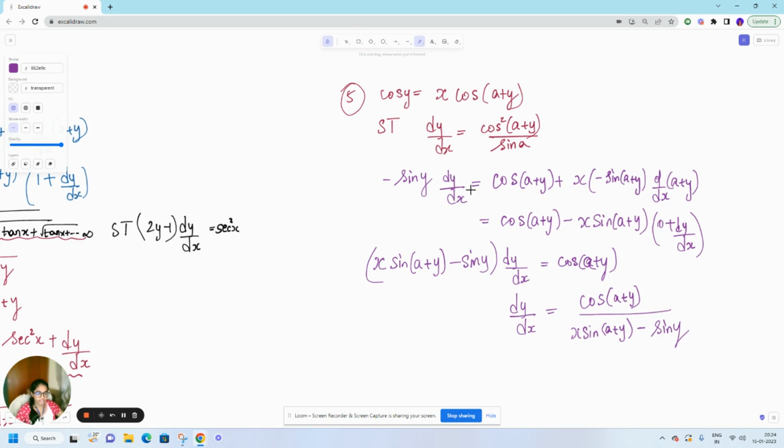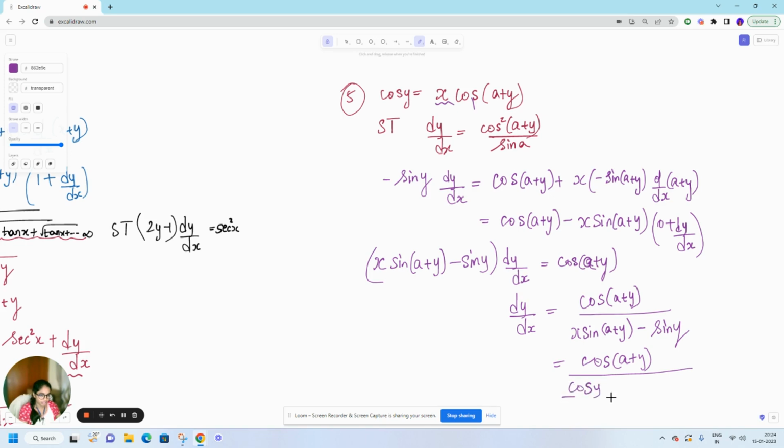Let me try taking some terms from the given question. Yes, let me substitute x is equal to cos y divided by cos of a plus y. So that would be cos of a plus y divided by, from the question I have x is equal to what?